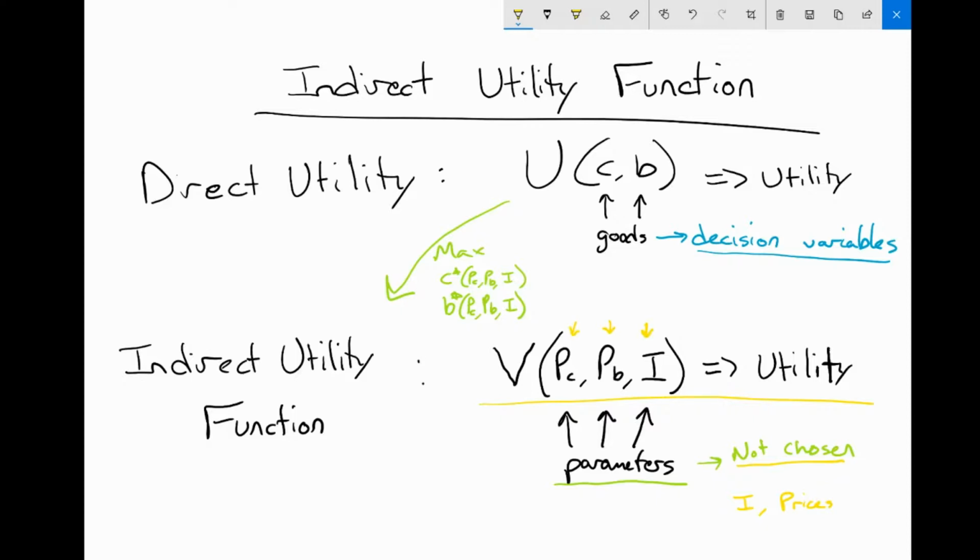It will tell us what utility is achieved given those prices and income, what utility is achieved at the optimal. So this gives us the utility at the optimal. Or we could say, assuming the agent chooses their optimal bundle at those parameters.